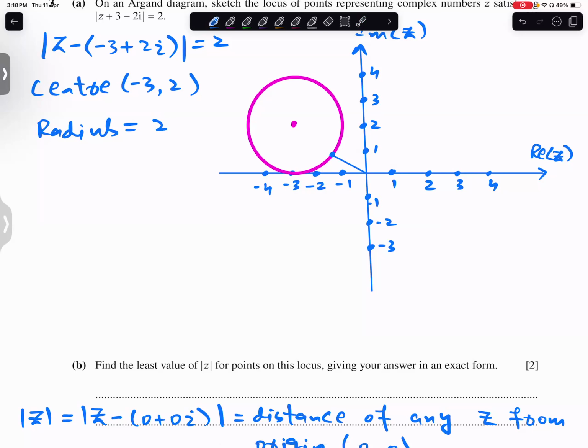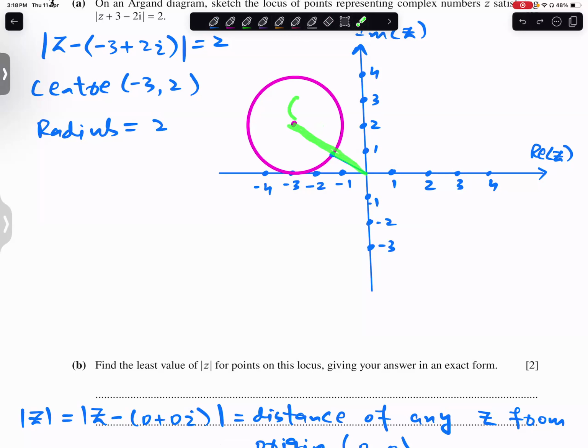Now, how can I find this least distance? Let me tell you the working. First of all, students, you know that this is your radius, and that is 2. Now you need to calculate this whole distance. So how can I calculate this distance?